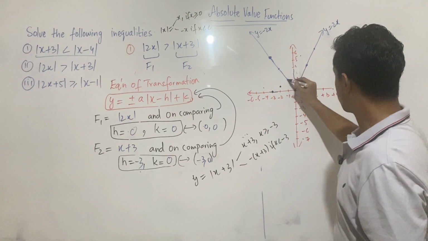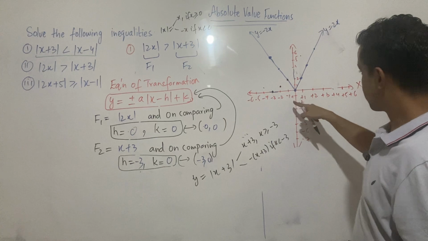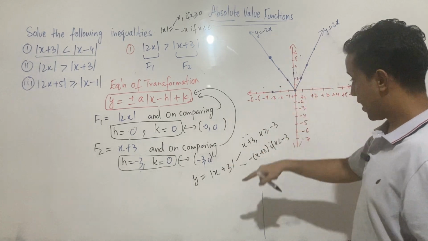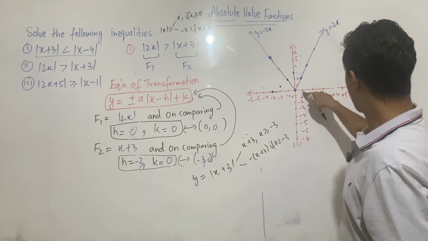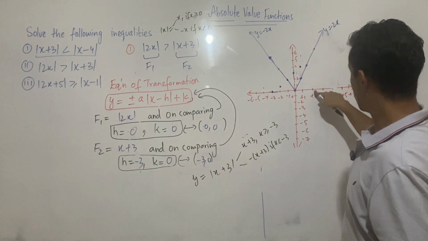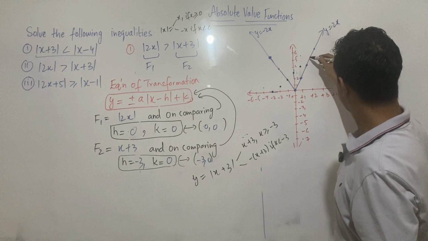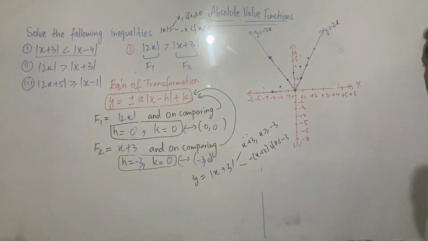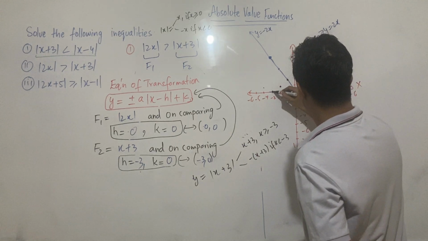This is the point of intersection. Then x 0, y 3; x 1, y 4; x 2, y is going to be 5; x 6, y is going to be 9. Okay, so this is the line.